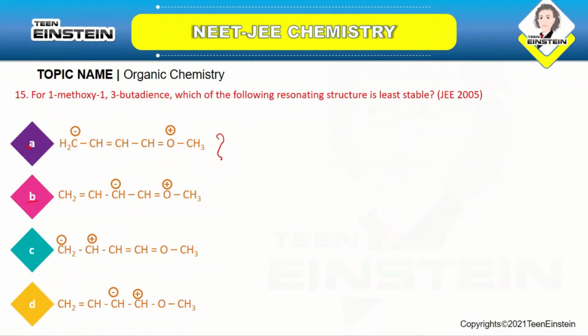So options A and B are more stable because of the completed octet structure.